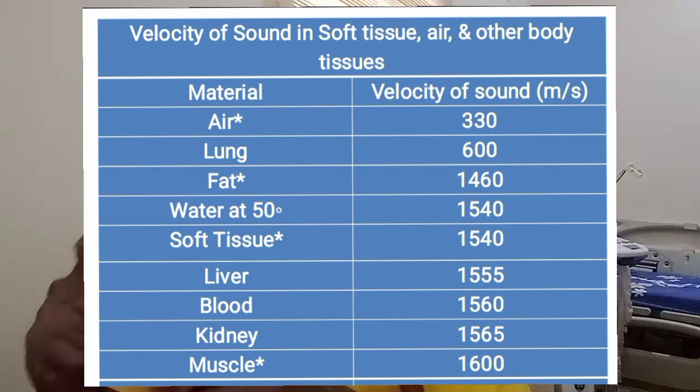You can see velocity of sound in water at 50 degrees is 1,540 meters per second. Also the same for soft tissue. Then you see propagation of sound in muscle is 1,600, and that of bone is 4,080 meters per second.